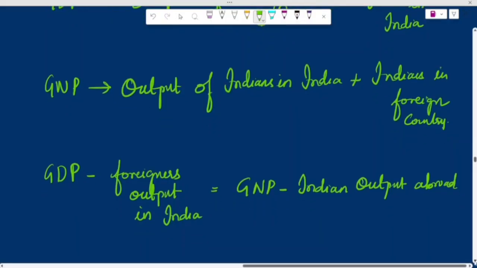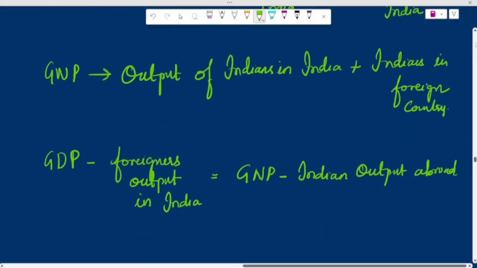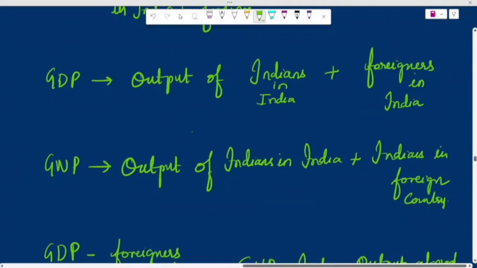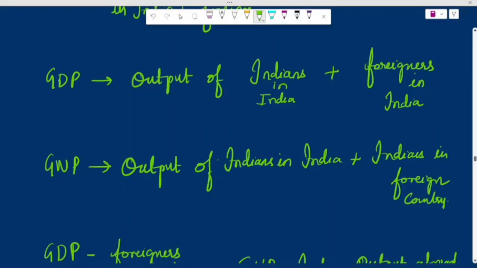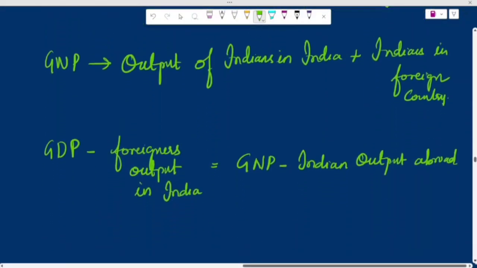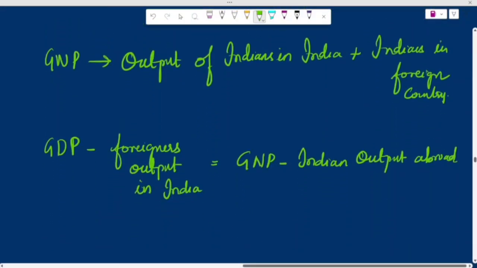One more time for clarity. GDP equals output of Indians in India and output of foreigners in India. GNP equals output of Indians in India plus Indians in foreign countries. So this can be written as GDP minus foreigners' output in India equals GNP minus Indian output abroad. Right? So I'm doing minus of GDP's component in GNP. It will be equal to GDP minus GNP component.